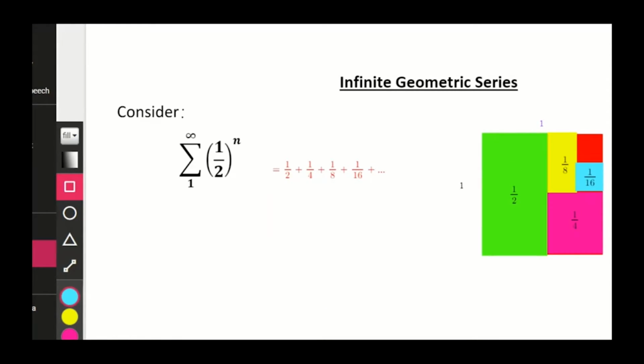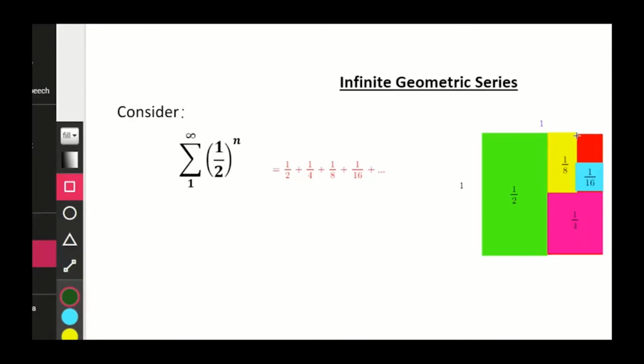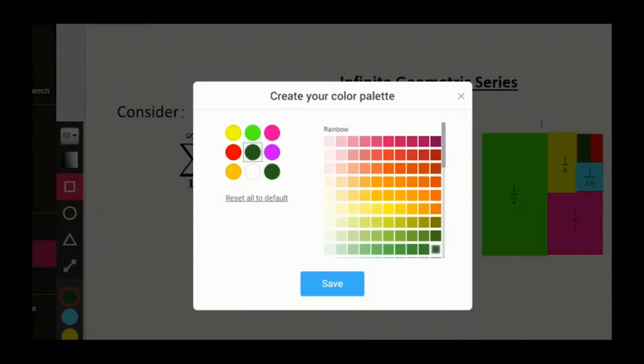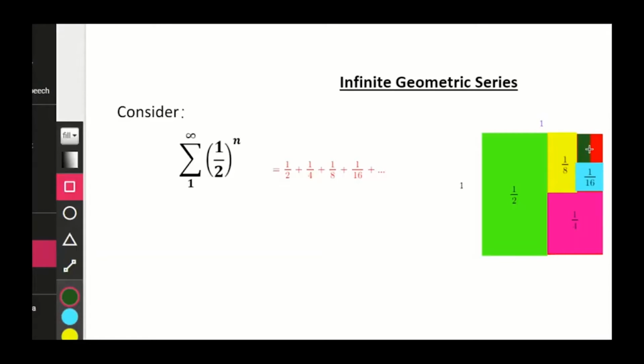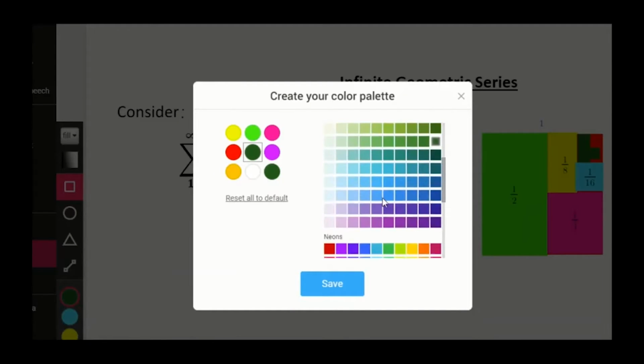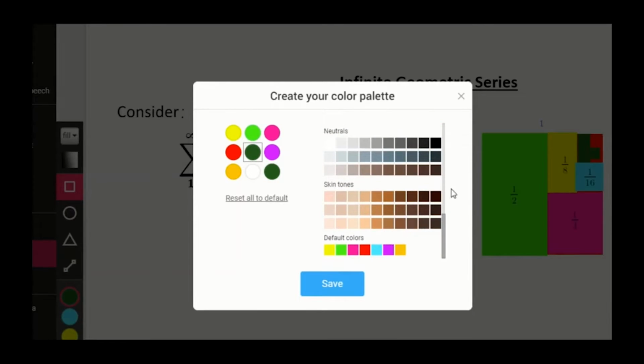Oh, let's not do the same color, because then we're not going to be able to see the different squares. So this one would be 1/32, and then let's do a black one here. Let's go with the brown.